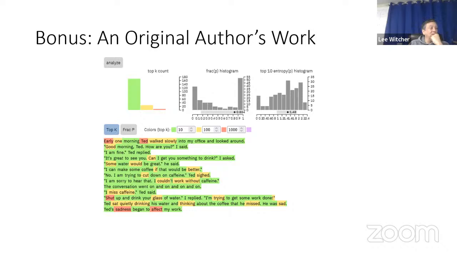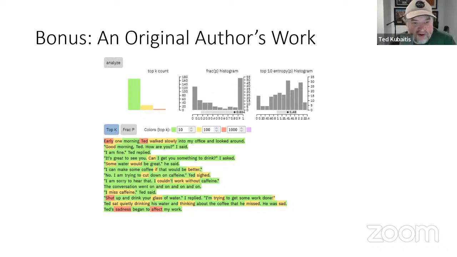"Sorry to hear that. I couldn't work without caffeine." The conversation went on and on and on and on. "I miss caffeine," Ted said. "Shut up and drink your glass of water," I replied. "I'm trying to get some work done." Ted sat quietly drinking his water and thinking about the coffee he missed. He was sad. Ted's sadness began to affect my work.